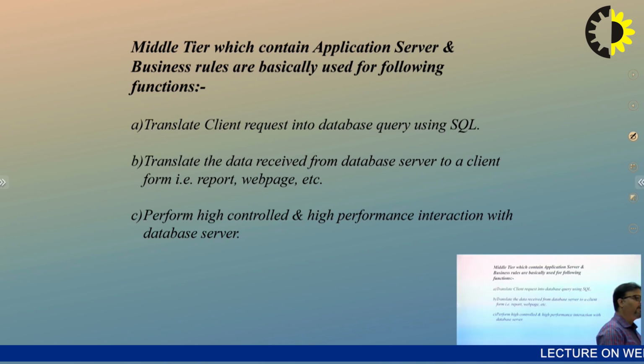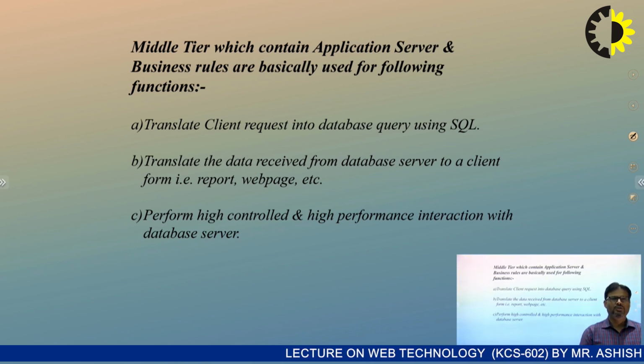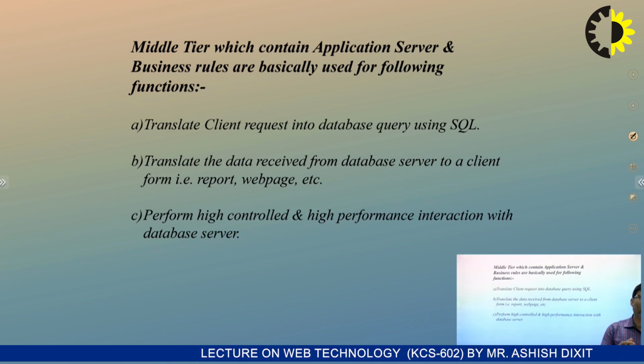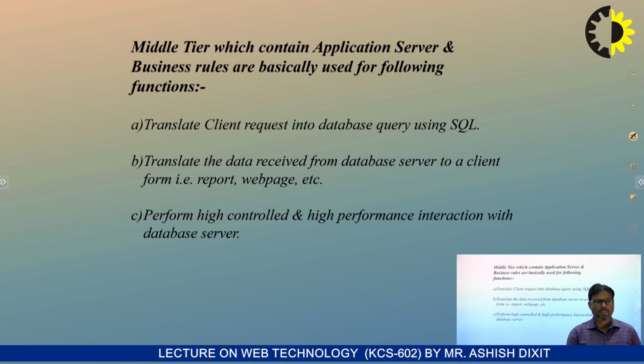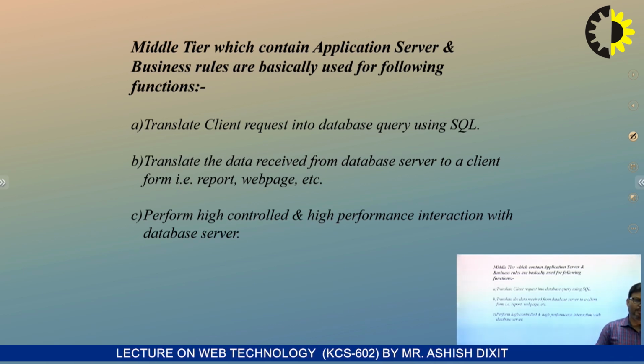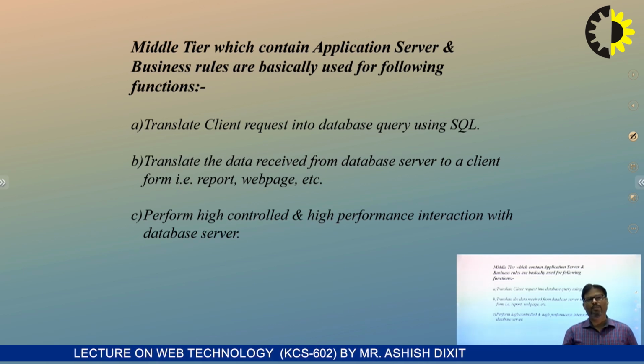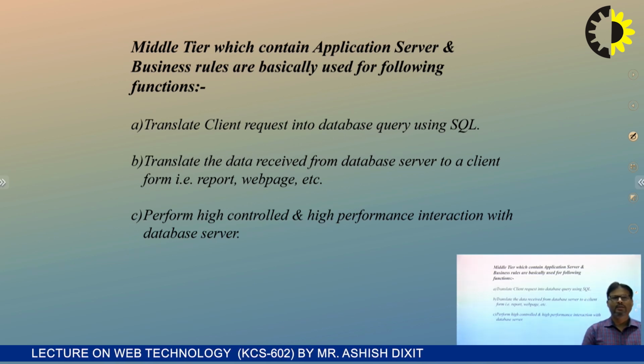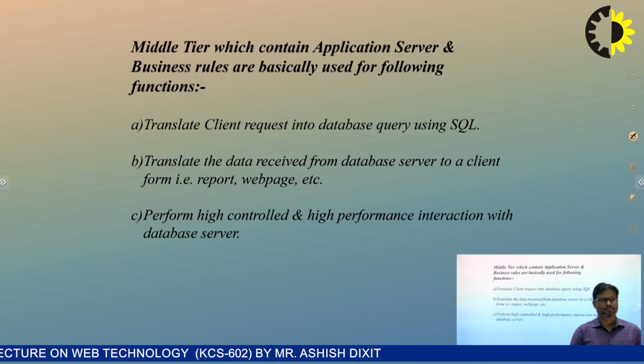First, translate the client request into a database query using structured query language. Second, translate the data received from the database server into a client form, report, or web pages. Next, perform high control and high performance interaction with the database server.